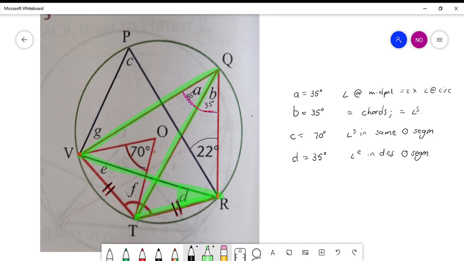Sien julle hom? If you wrote down your reason, angle at midpoint is equal to twice angle at circumference, then it's fine. Okay, so ons het nou tot by D. Dan moet jy gesien het hieronder.